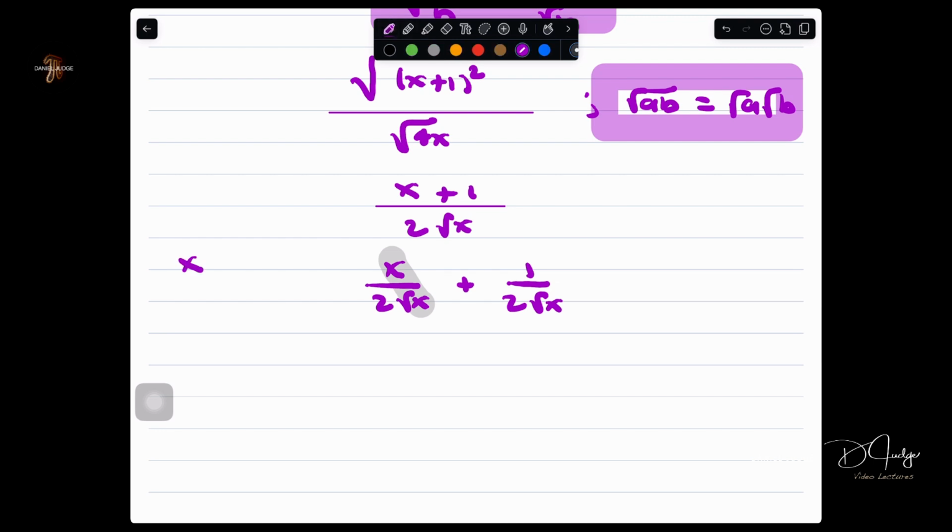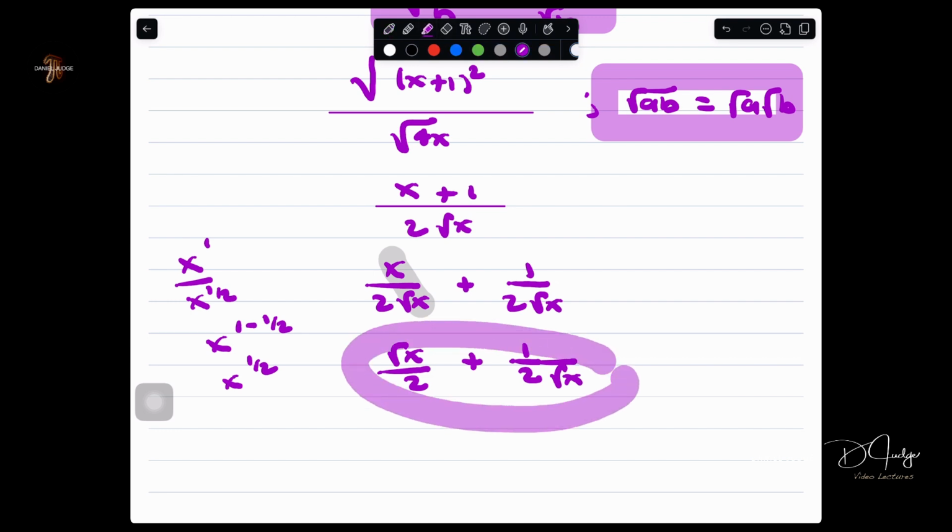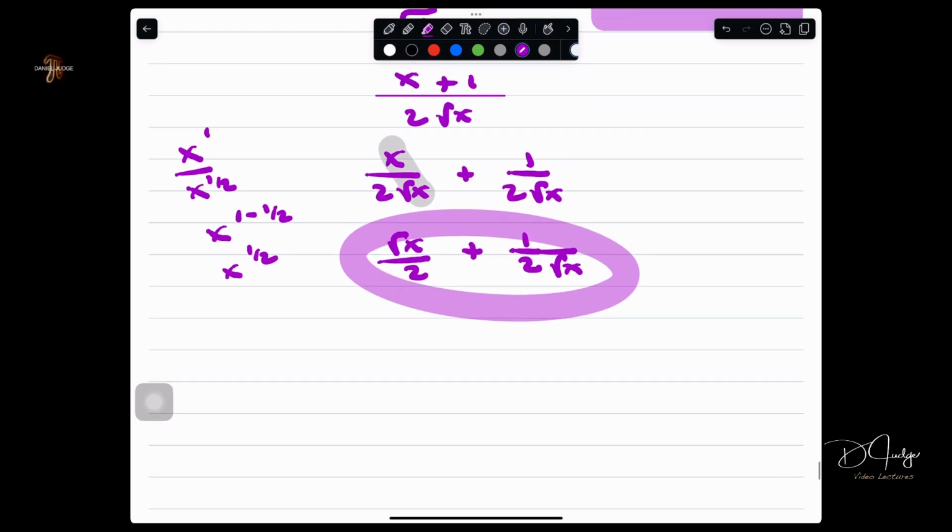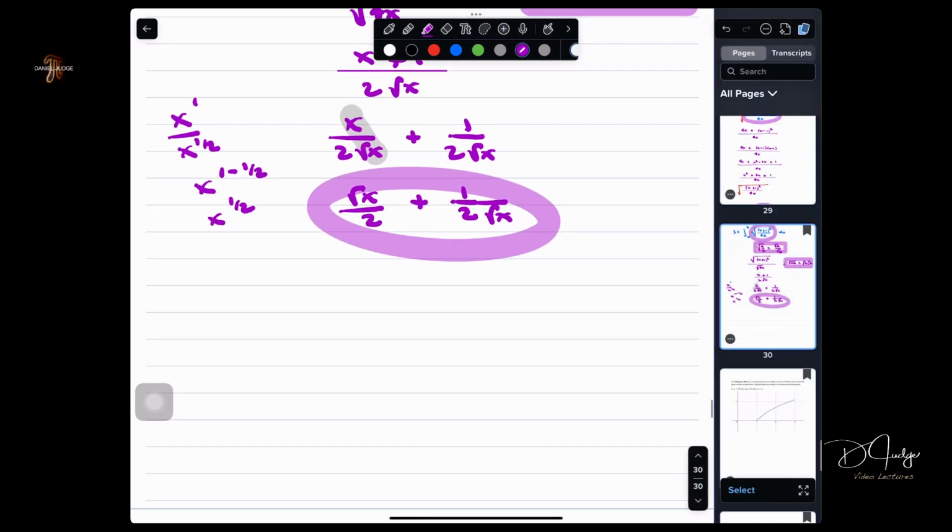Remember, this is x over x to the 1/2, or x to the 1 minus 1/2, which is x to the 1/2. So you have the square root of x over 2 plus 1 over 2 square root of x. Now that is really your integrand.